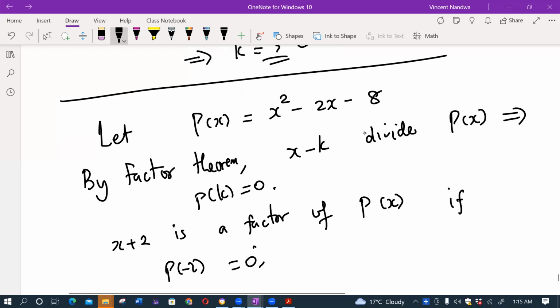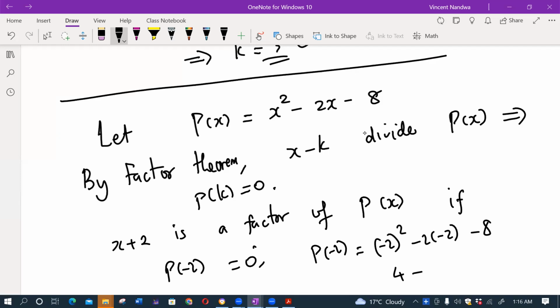So I'll have p of minus 2 will be minus 2 squared minus 2 into minus 2 minus 8. So 4 plus 4 minus 8. This is 8 minus 8, which is 0. So it's fine.